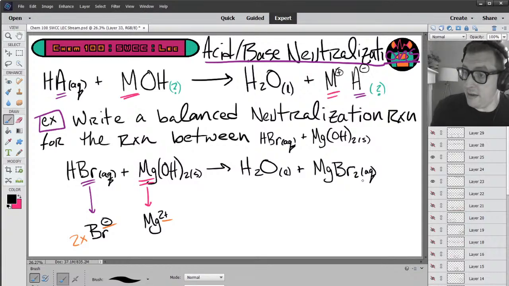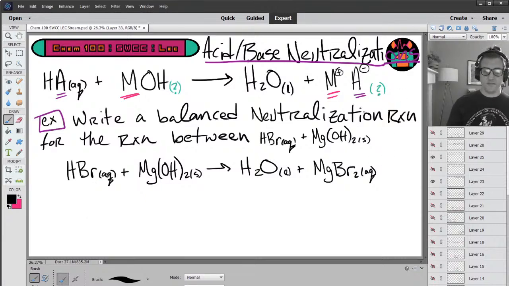Bromine is, according to the solubility rules, usually soluble. It's insoluble with lead 2, mercury 1, and silver. Magnesium's not on that list, so this is in the aqueous phase. All right, now we have to balance this thing, or see if it needs to be balanced. Let's see if we get lucky like we did last time. So we have hydrogen, bromine, magnesium, and oxygen on both sides of this equation.